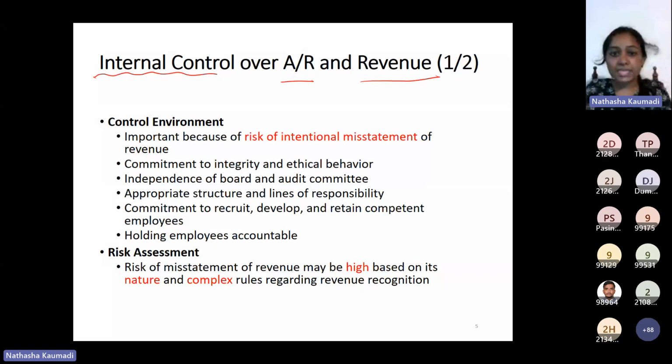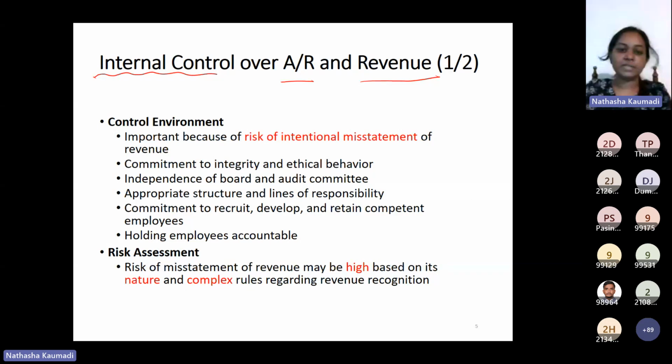Whether they are accepting the internal controls, whether they are supporting these internal control systems, whether there is awareness of the internal control system in the organization. What is the attitude about the internal controls? That is the control environment. Whether there's a good culture in the organization where all these employees are valuing the importance of internal controls. Are they practicing all these things? That is the control environment.